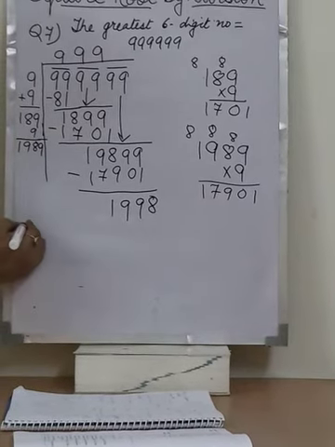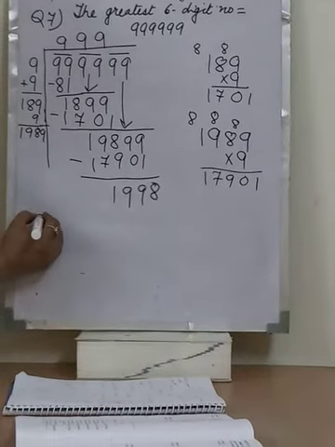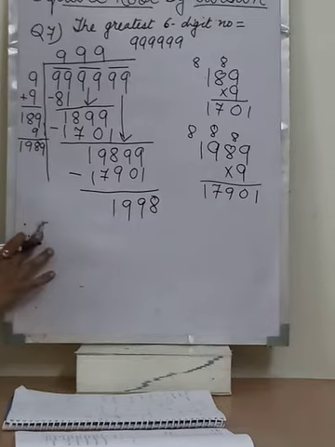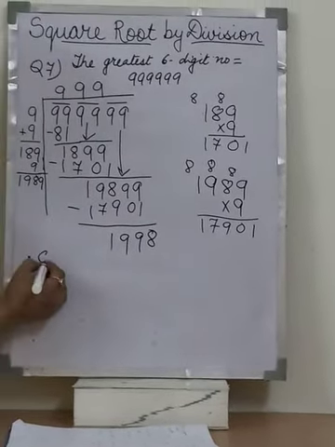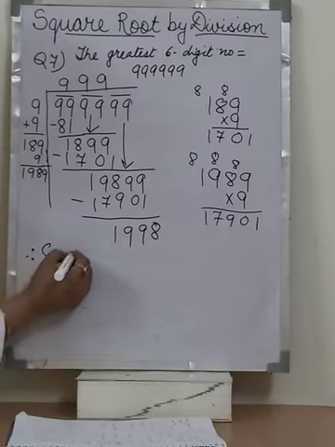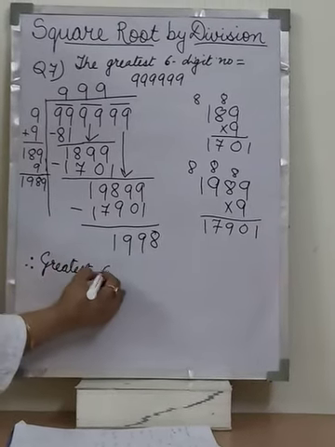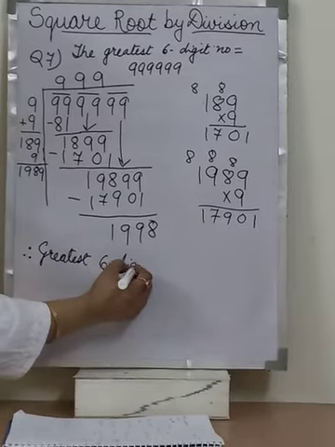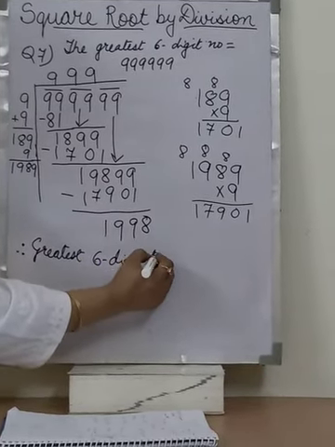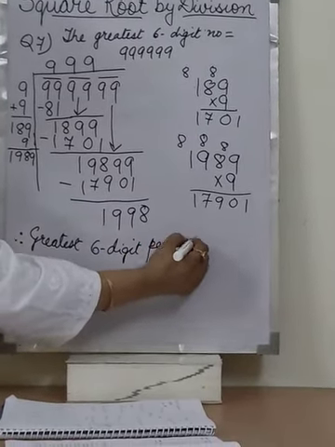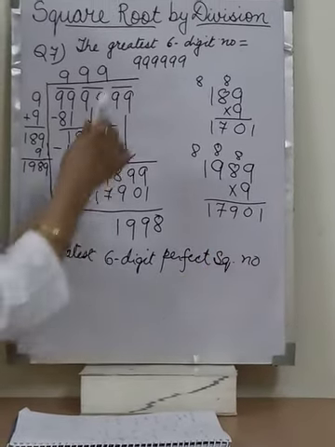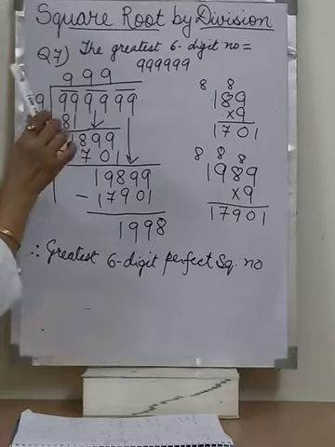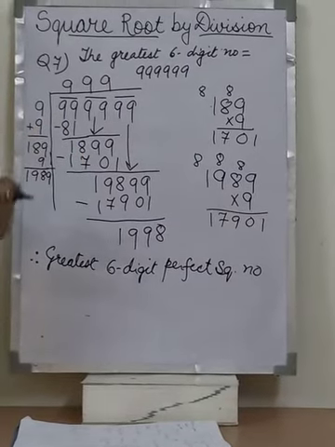So therefore the greatest 6-digit perfect square number is, see, we cannot have any 6-digit number which is greater than this.